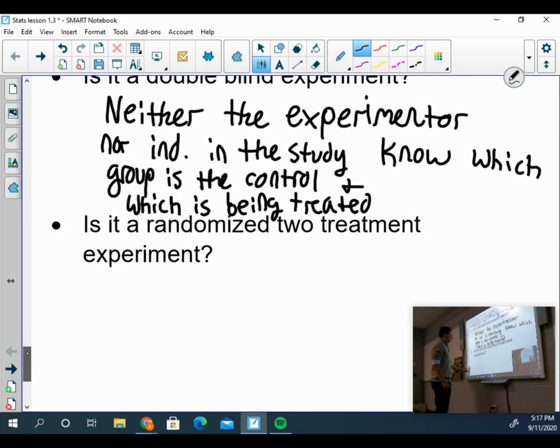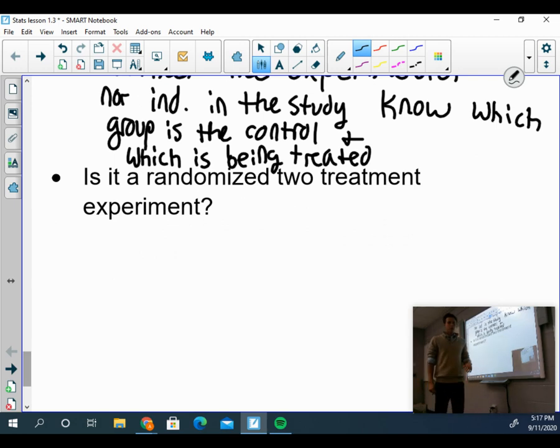And then what is a randomized 2 treatment experiment? A randomized 2 treatment experiment is what I described, excuse me, with the laser example, okay?